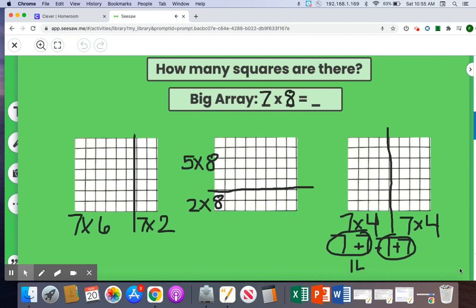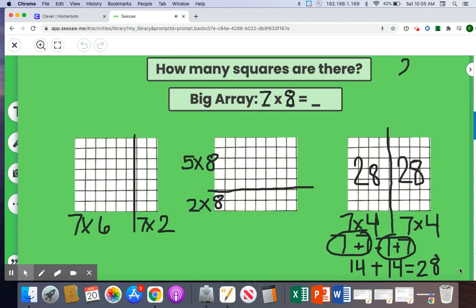And I can see that 14 plus 14 is 28. So I know that each one of these small arrays has 28. So I can see that there's 28 on this side and 28 on this side. I don't need to solve 7 times 4 again. So now I can just solve 28 plus 28.